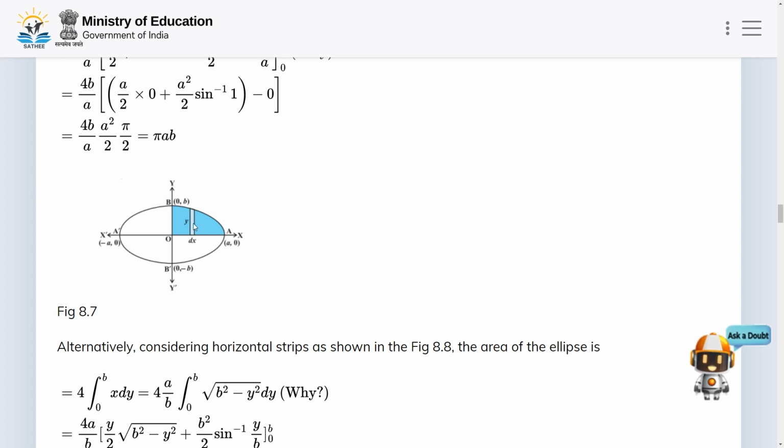Now height will be y, dx is your width. As you can see, the limits will be from 0 to a.